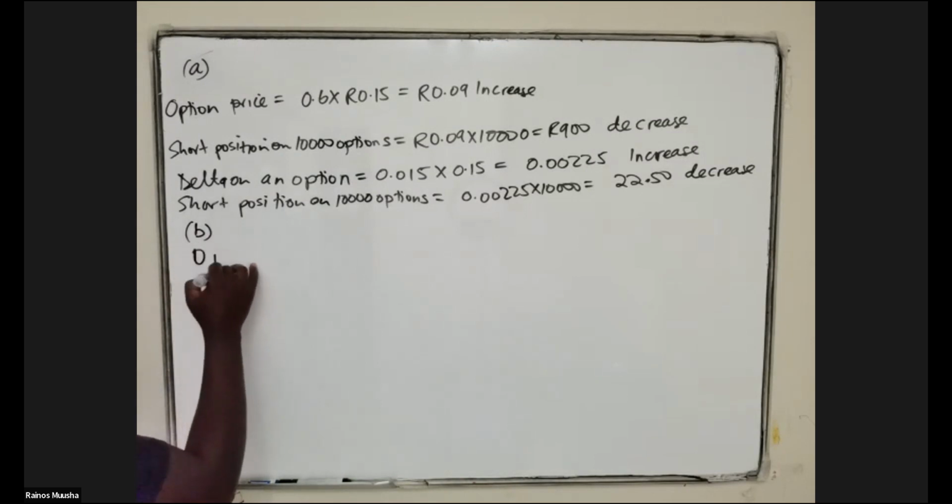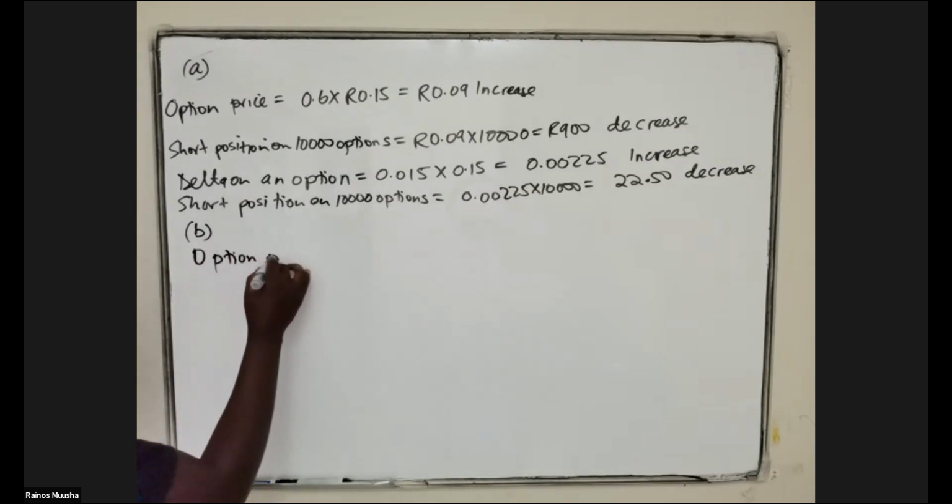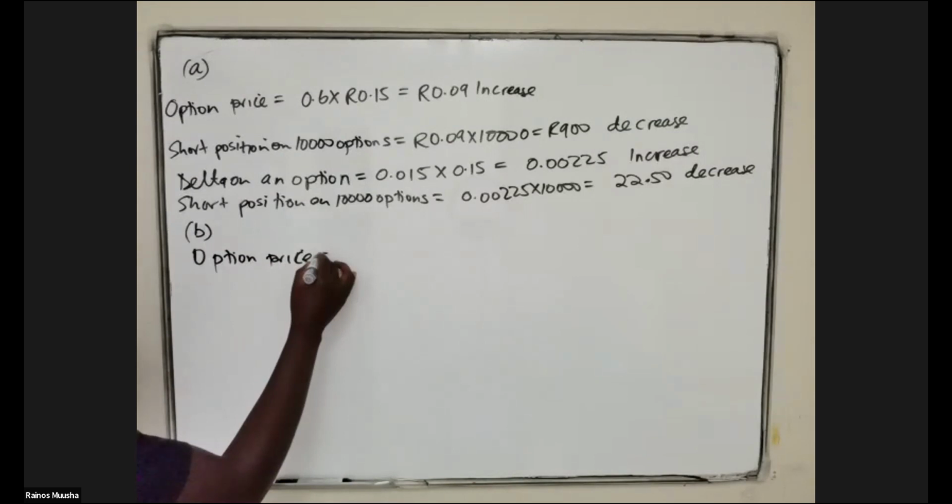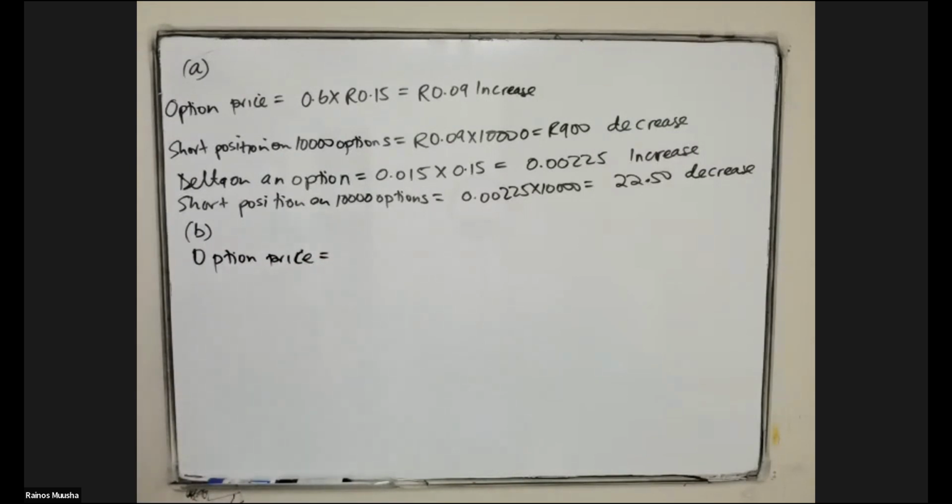Based on this, when it comes to the option price, the option price is going to be affected by the vega, which is given as 0.402, and the percentage change in volatility is 0.75, right?